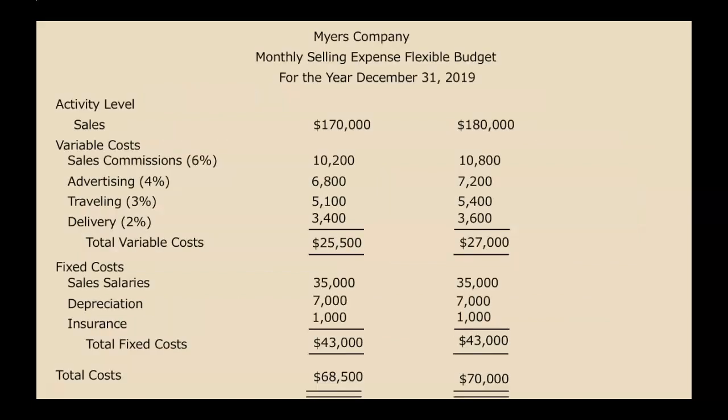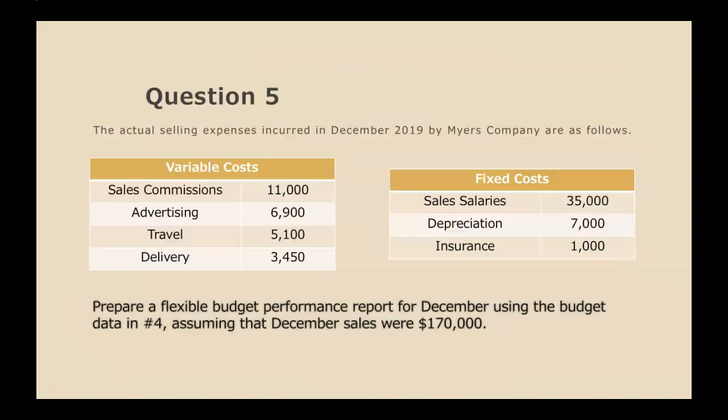So remember, these percentages here for our variable costs are estimates, they're predictions. They're not always going to be exact. So what we need to do is take that information that we have under the $170,000 activity level and compare it to what actually happened in the month of December.